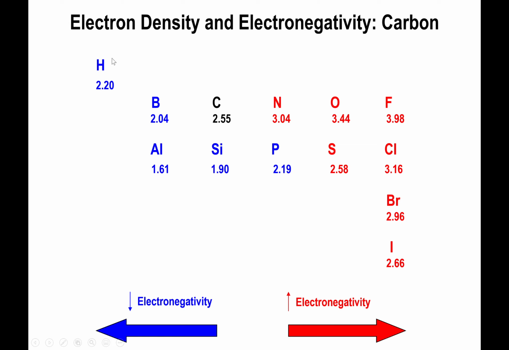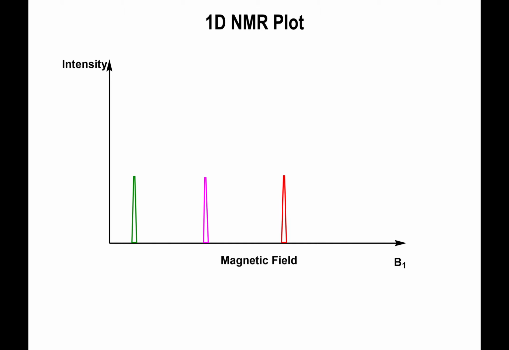But if you have phosphorus, silicon, boron bound to carbon, well, those elements are less electronegative than carbon, so they will actually increase the amount of electron density around it and make it a little bit harder to get it to resonate. And by harder, I mean you're going to have to put in more energy.